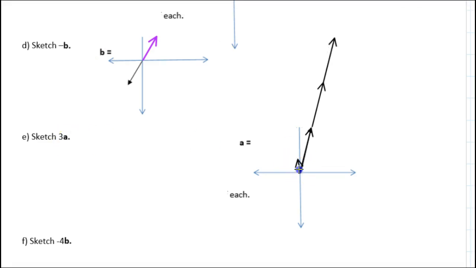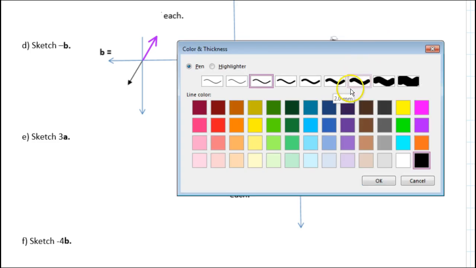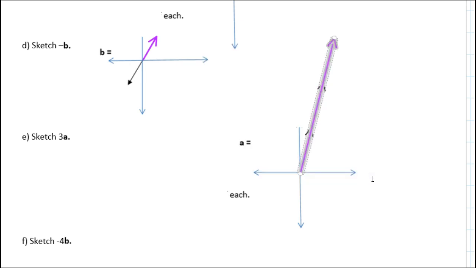So I'm just going to go from beginning to end of all three. This time I'm going to click on it to activate the properties and change this to purple and make it a little bit bigger so it stands out. Alright, so there you go. The purple vector is vector 3A.